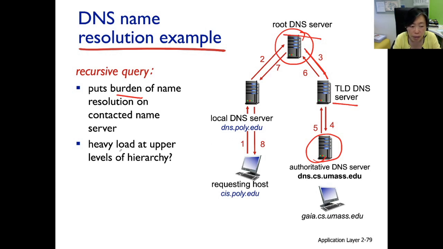So heavy load at the upper levels of the hierarchy, not good. Keep in mind, there are only some tens of physical root DNS servers. If everyone is always sending queries to the root, we could quickly bring down all these root DNS servers. And that's not really a viable solution. Therefore, recursive query is an option that we try to disable at the local DNS server.